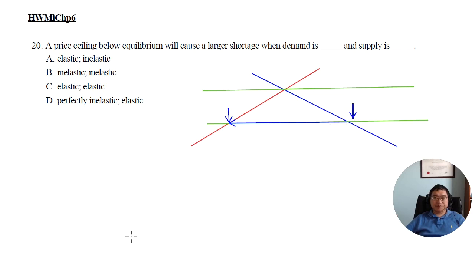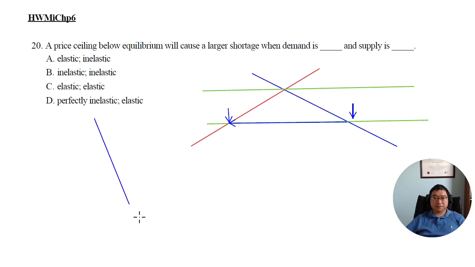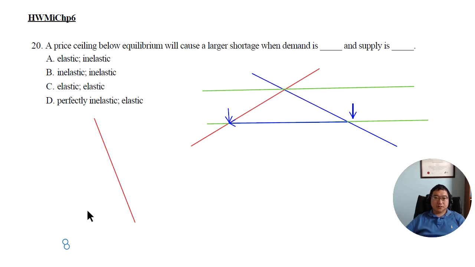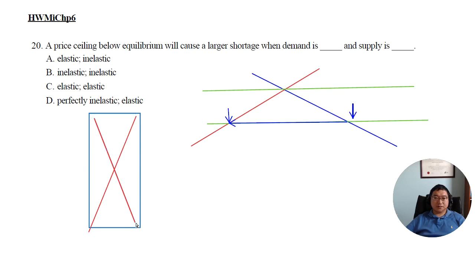We can draw, again, let's change the color here. For the demand curve, very inelastic demand. And then for the supply curve, make a red one. Oops, I changed the color of the demand curve. Also very inelastic supply.